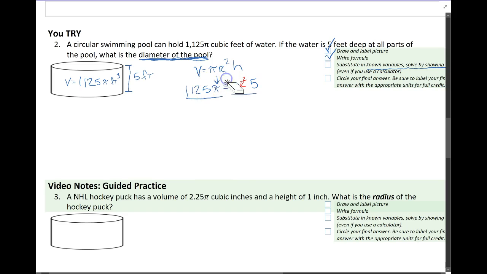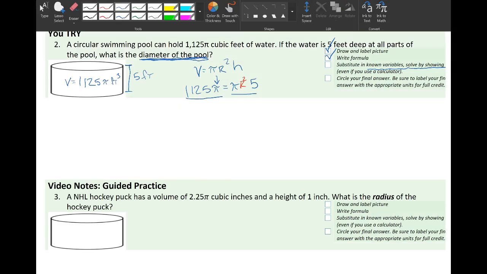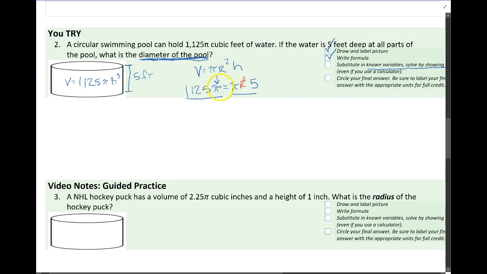So if I have pi on both sides of this equation, I'm just going to divide both sides by pi to start. Because again, my goal here is to solve for this missing value, which is r, which we've left in red, because that's the one thing I don't know.